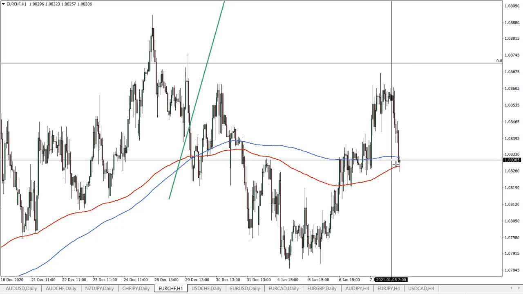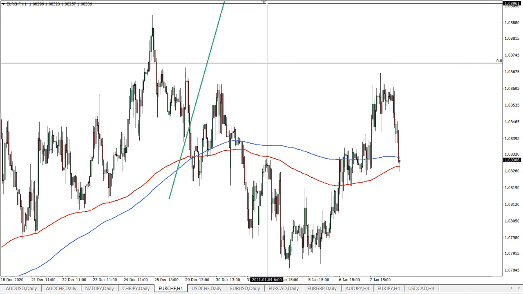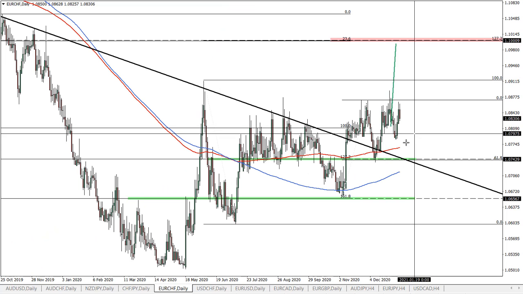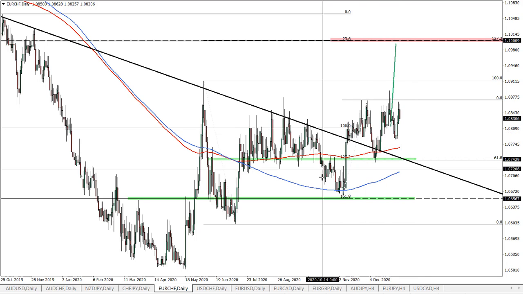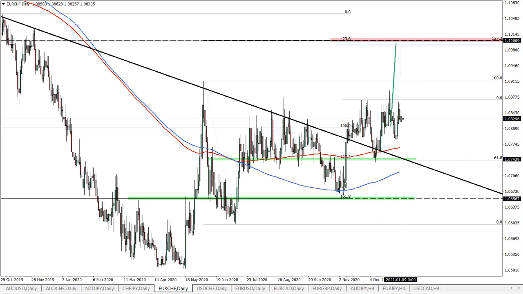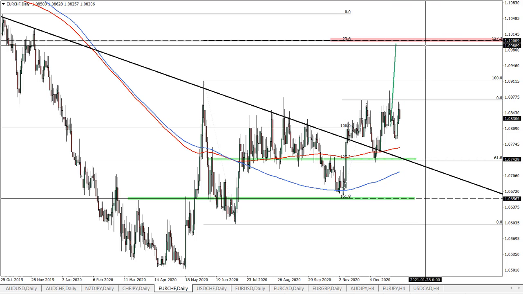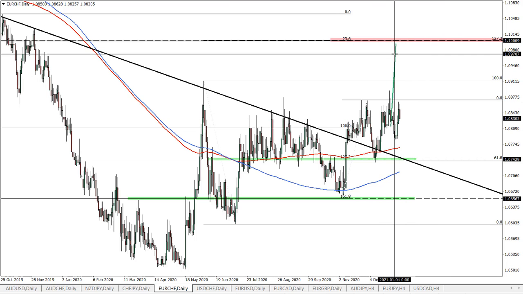Now price could be finding support at this area. So this is a daily time frame that we originally did analysis on. It certainly seems that this is an interesting opportunity for buyers, and mainly this will be the Swiss franc weakness from what it seems at the moment that will drive this pair to the upside.